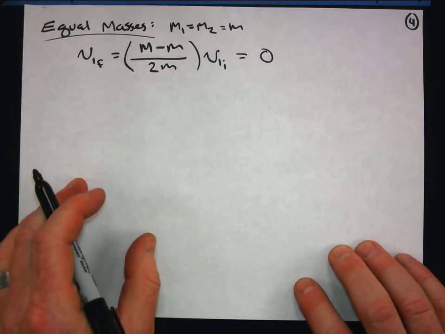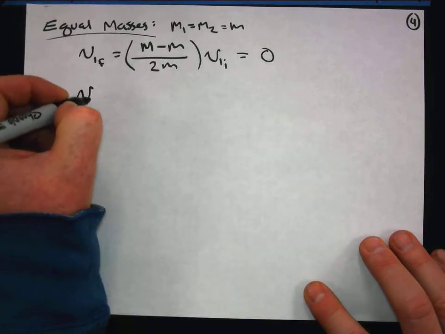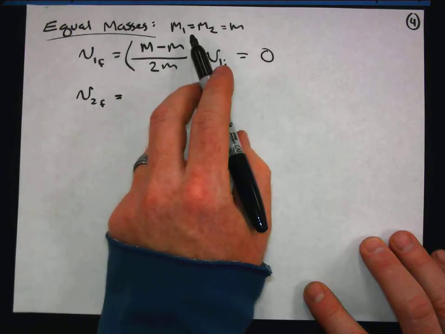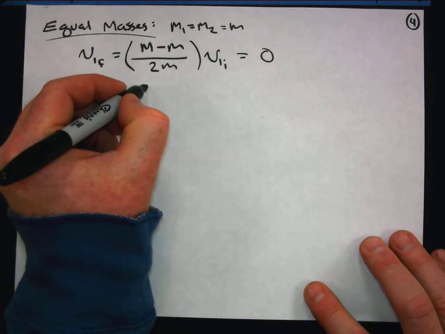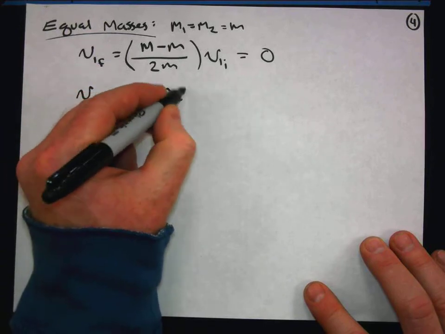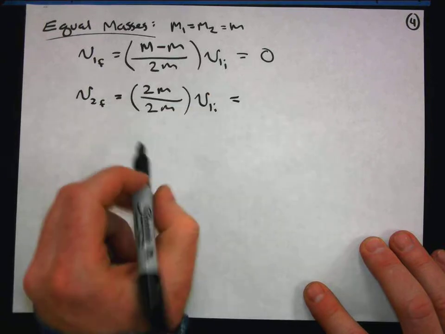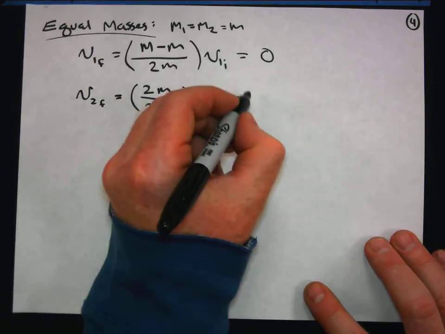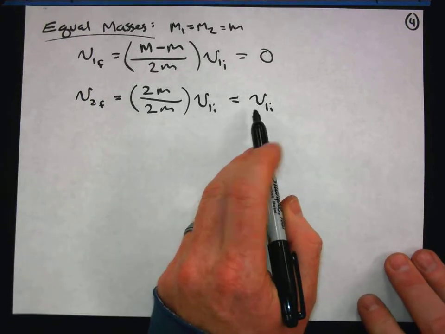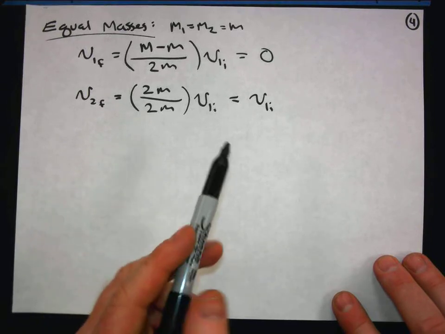All right. What about the final velocity of object 2? Let's look at this under these conditions. The equation goes to 2m divided by 2m times the initial velocity of object 1. Well, that fraction just becomes a 1, so the final velocity of object 2 is equal to the initial velocity of object 1, and they have pretty much exchanged what's happening here.